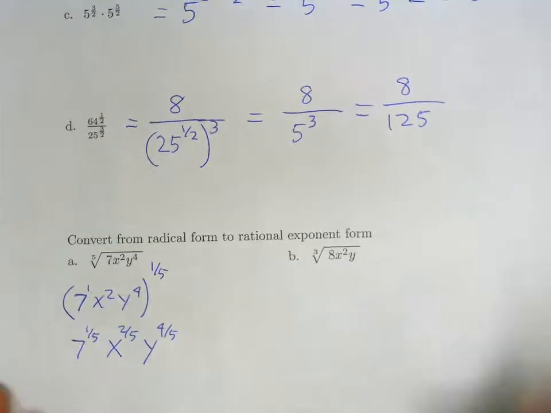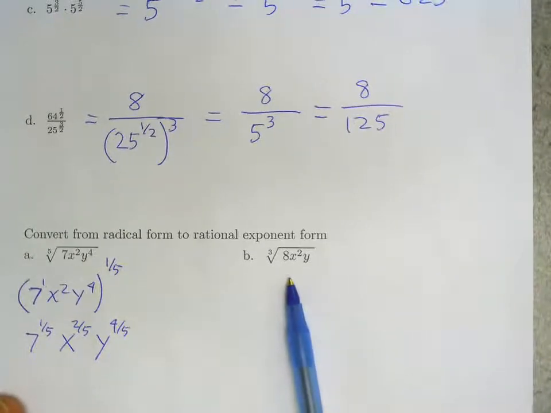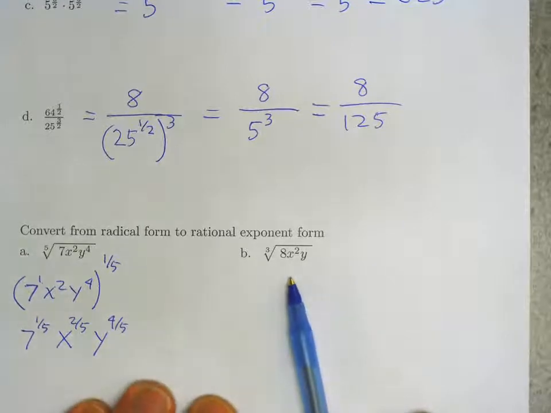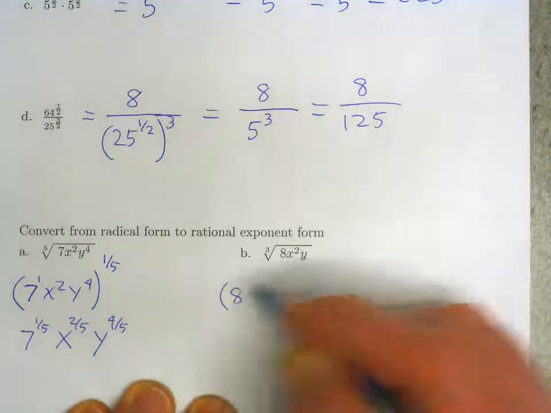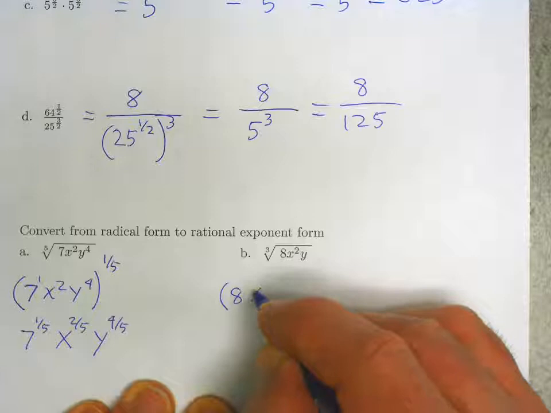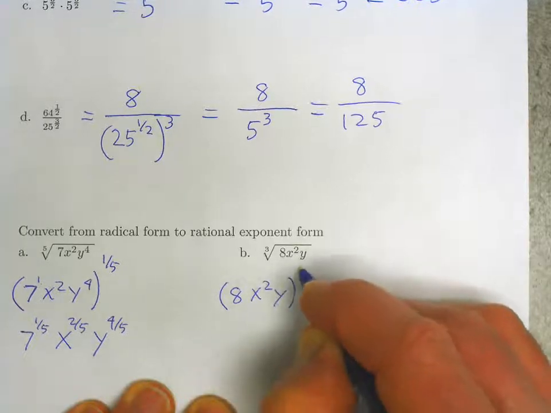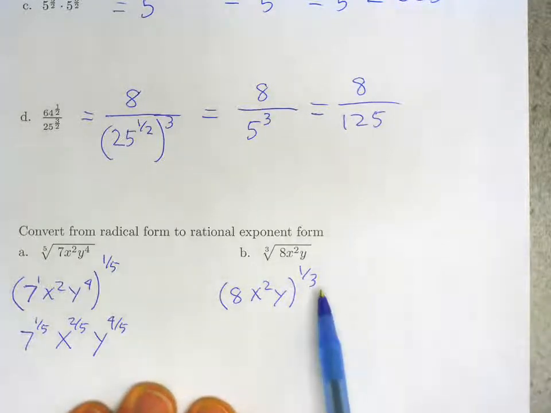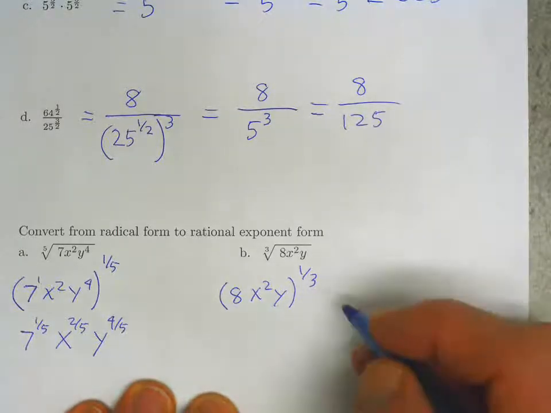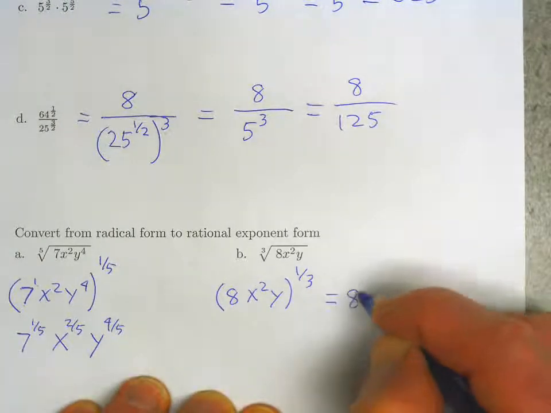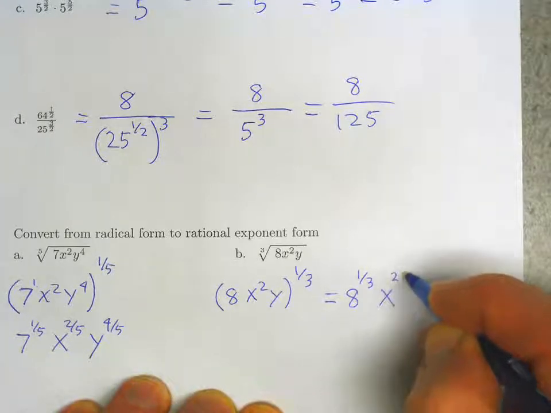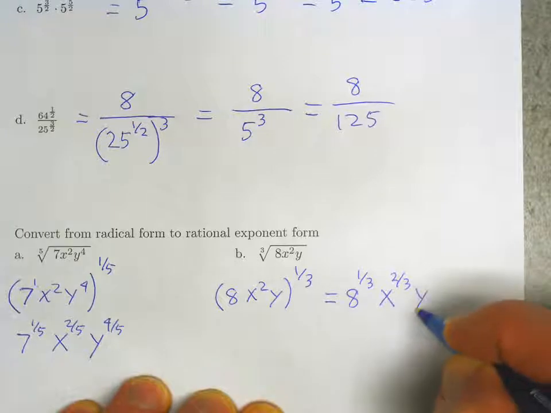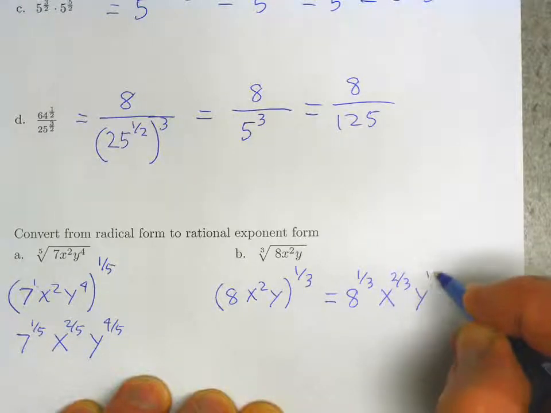Okay, and the next one, convert this radical to rational exponent form. This is the cubed root. The index is 3. So we're going to raise the quantity 8x to the second y to the 1/3. And then applying a property of exponents, we can write this as 8 to the 1/3 times x to the 1/3 times 2 is x to the 2/3 times y to the 1/3 times 1 is y to the 1/3.